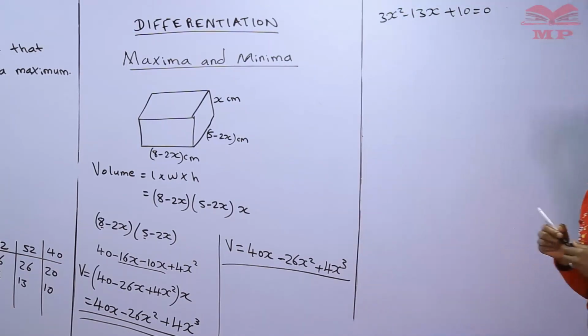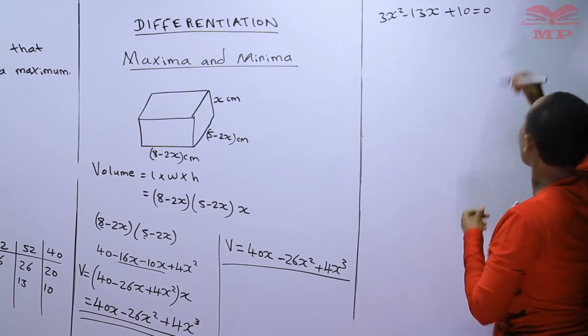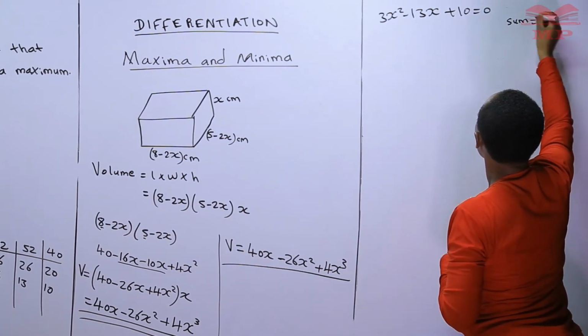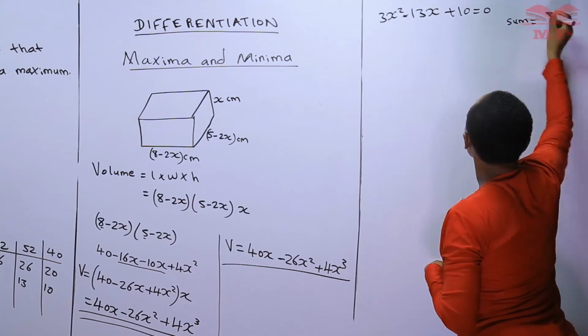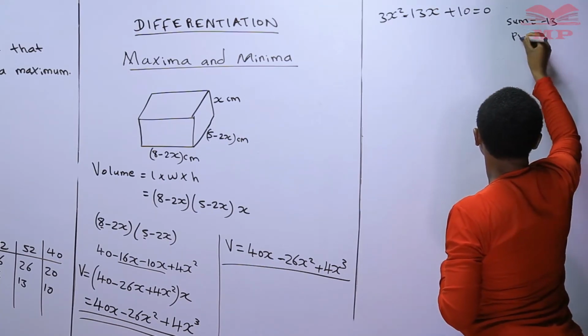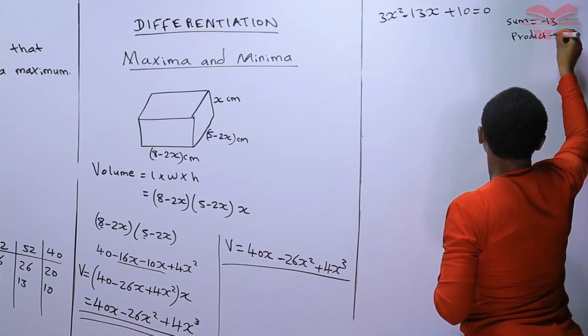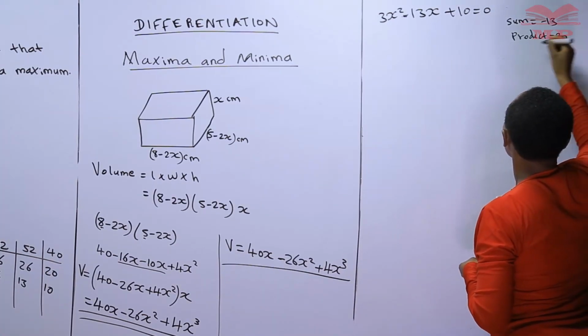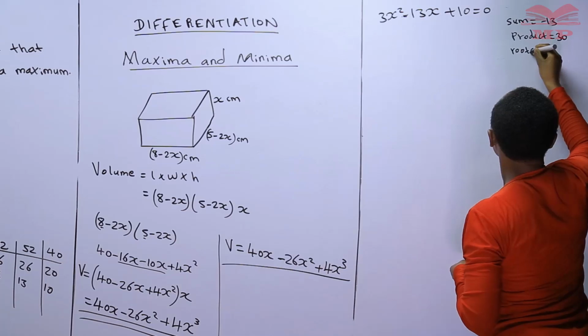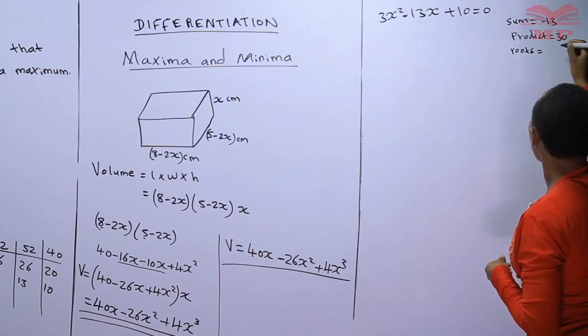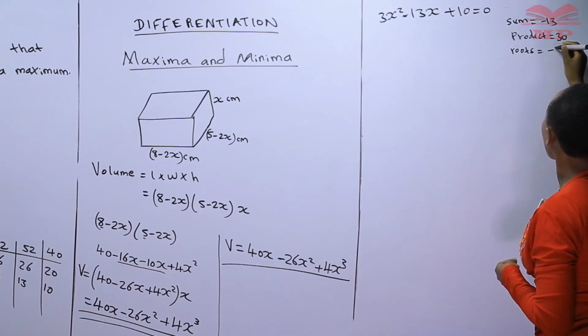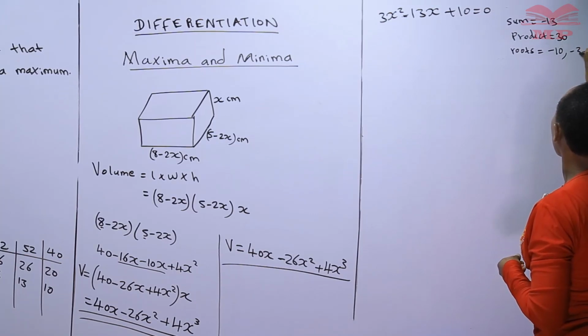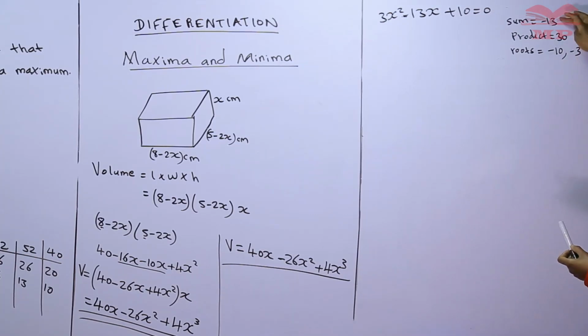We can use one method of solving quadratic equations whereby we get the roots. In this case, our sum is negative 13 and our product is a times c, which is 3 times 10, that is 30. So we take negative 10 and negative 3. When we add, we get negative 13. When we multiply, we get 30.